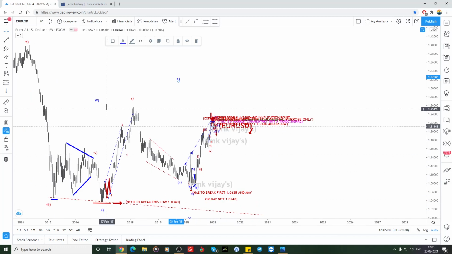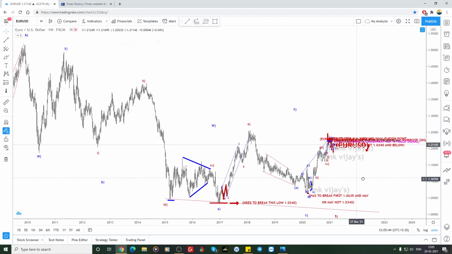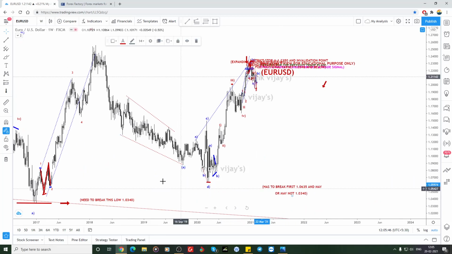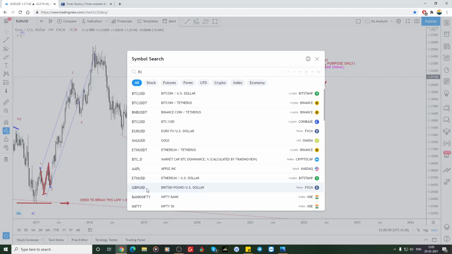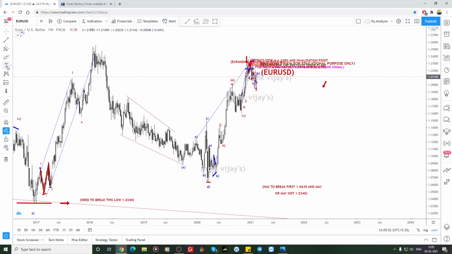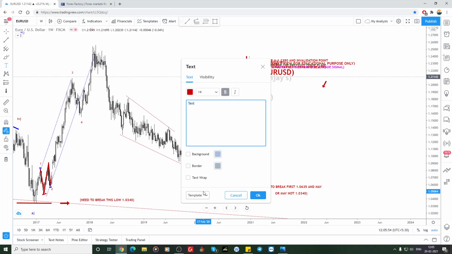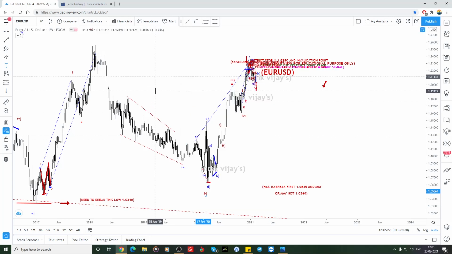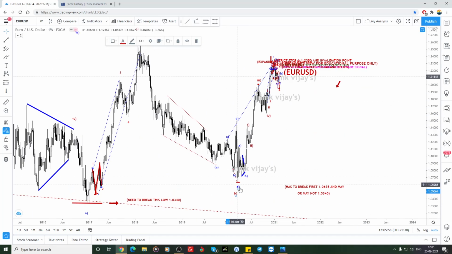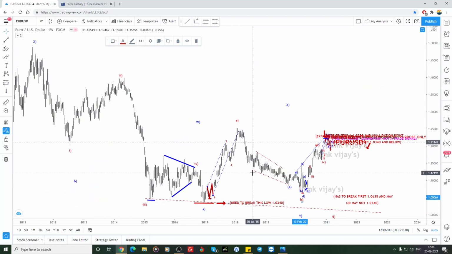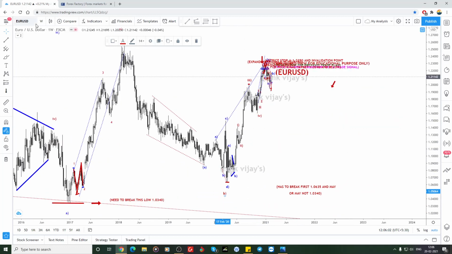This is the B. So here we need to change this as a B wave, and a C, right? So C consists of a 5-wave structure.